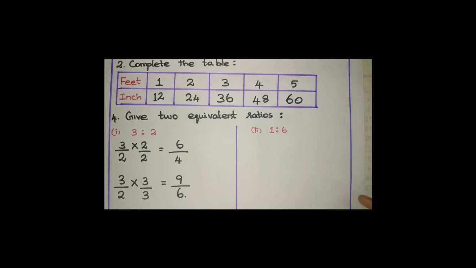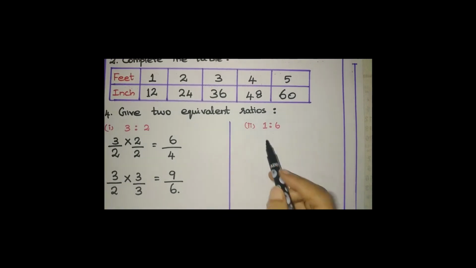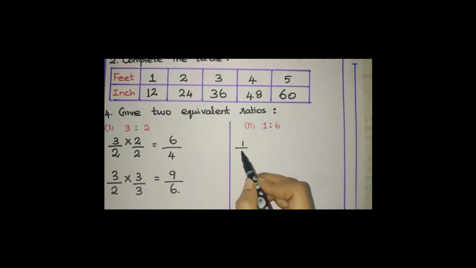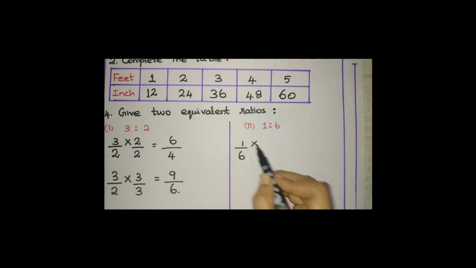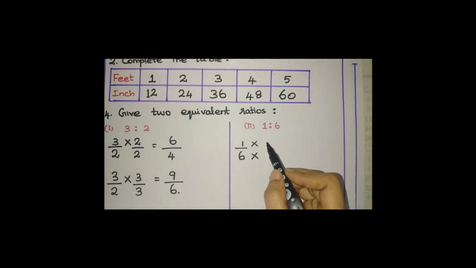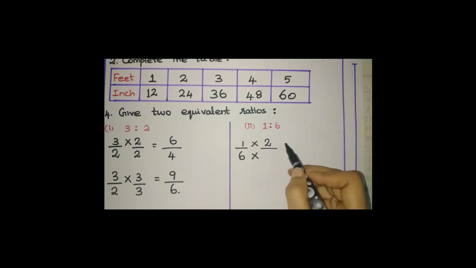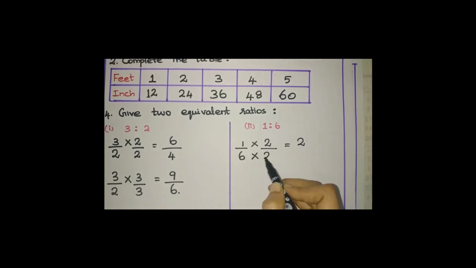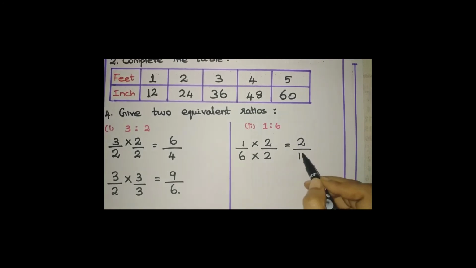Now move on to the next problem. Here the given ratio is 1:6. First step, you have to write the ratio in terms of fraction and then multiply both the numerator and denominator by the same number. So let's take 2 itself. So 1 2s are 2, 6 2s are 12.